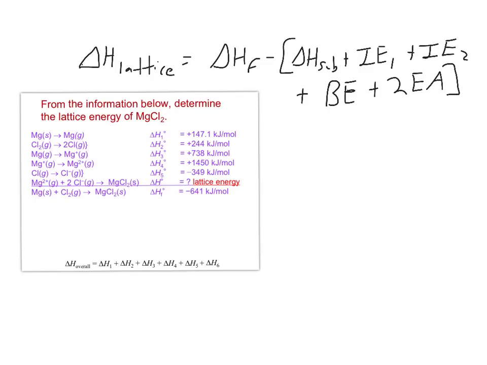Let's just start. The enthalpy of formation here is the equation: magnesium solid and diatomic chlorine, elements in their standard states, making the compound. That's the enthalpy of formation value for this term.